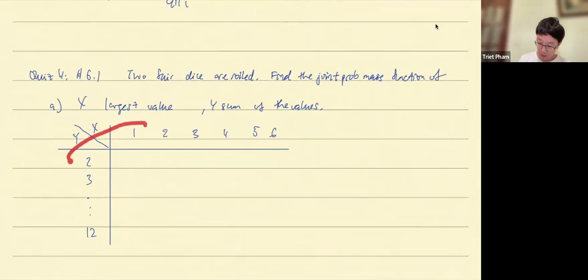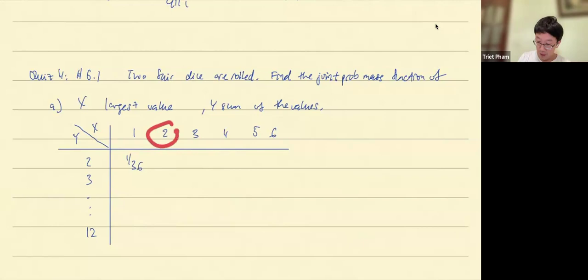So for example, what's the probability that the max value is 1 and the sum is 2? One over 36, because the only chance is 1 and 1.